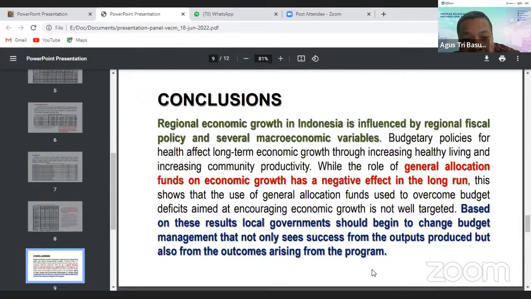This shows that the general allocation fund is used to overcome budget deficits, aiming at correcting economic growth, but is not well targeted. Based on this result, local government should begin to change budget management to look not only at success from the output products, but also from the outcome arising from the program.